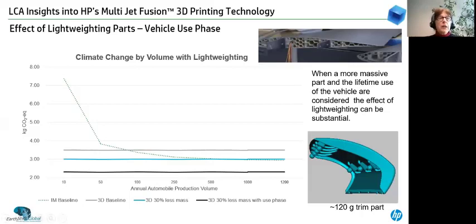And here we looked at this in a couple of different ways. The gray line is our baseline without the lightweighting. The blue line is simply reducing the mass by 30%. And then the black line here is looking not only at lightweighting the part, but what that does to your fuel consumption.